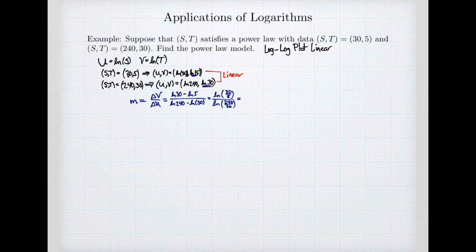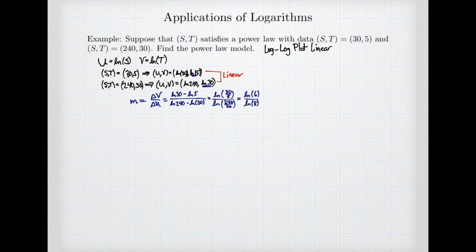So when I simplify those fractions, all of a sudden I have the logarithm of 8 in the numerator and the logarithm of 6 in the denominator. Now a warning, don't try to simplify the 8 and the 6, because order of operations, it's not 8 divided by 6. It's the logarithm of 8, which is some decimal number, divided by the logarithm of 6. All right, that's my slope.